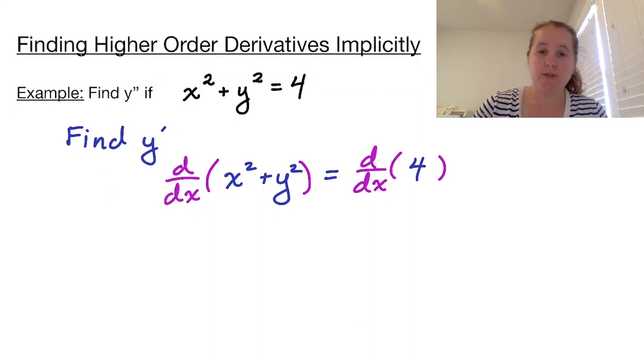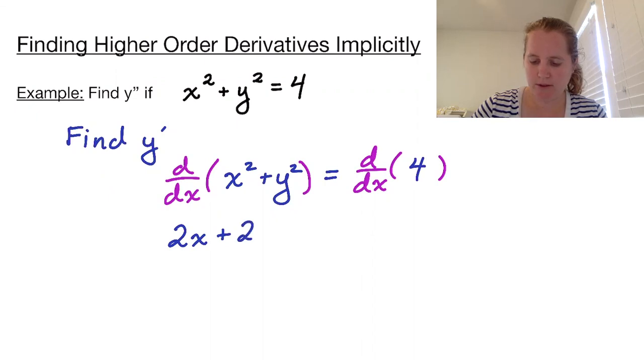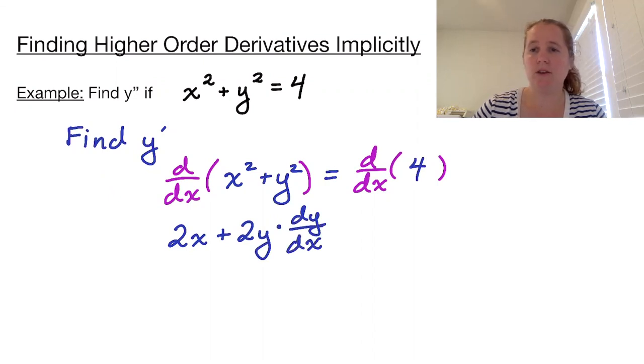On the left-hand side, the derivative of x squared becomes 2x. And the derivative of y squared with respect to x, we do with respect to y first. So that's 2y. And then multiply by the derivative of y with respect to x. There's our chain rule. On the right side, the derivative of 4 is just 0.